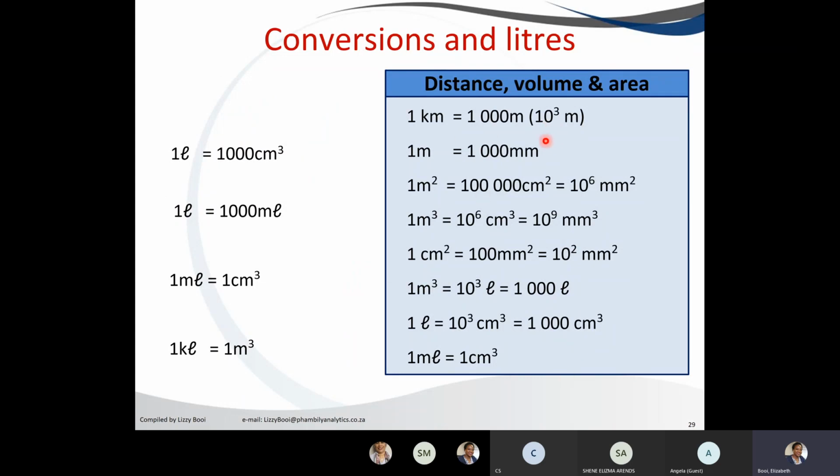So when you see they write 10 cubed, it means 10 multiplied by 10 multiplied by 10, which is the same as 1,000. 10 to the power of 6 is the same as 10 multiplied by 10, 6 times, which equals 1,000,000. This is just to show you the conversion when they use the power notation.